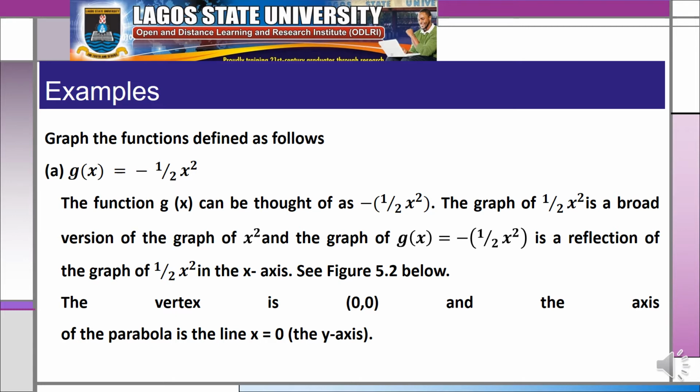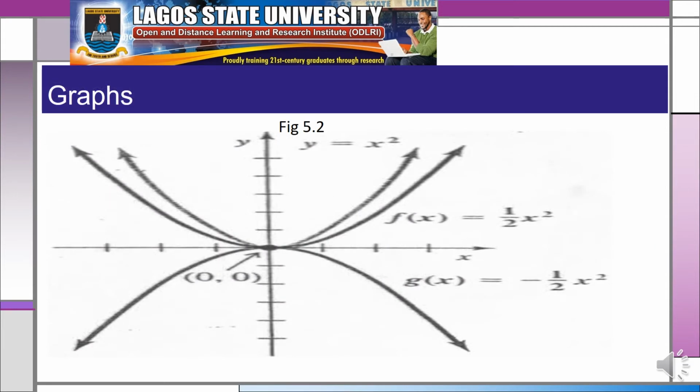This is well explained in the diagram below. You can see the diagram. The negative one is g of x and the positive one opens upward. So they are a reflection of each other. One is negative, one is positive.